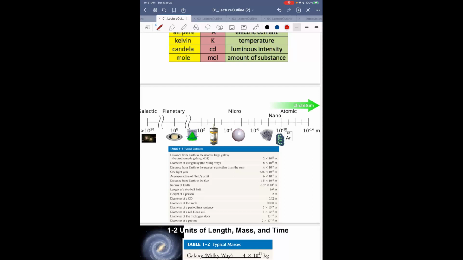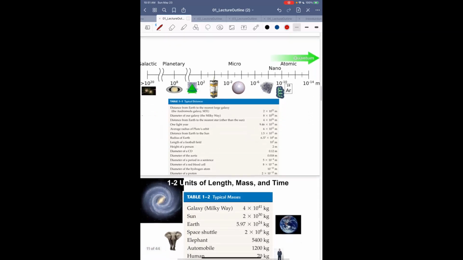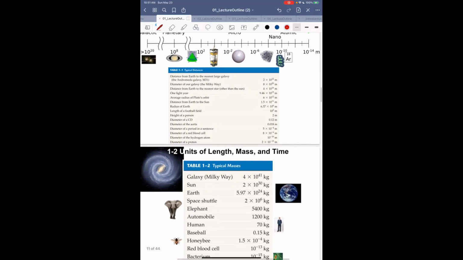And we have all these lengths up until the distance from the Earth to the nearest large galaxy, which is Andromeda. It is 2 times 10 to the 22 meters. It is just a range of lengths that we might encounter.